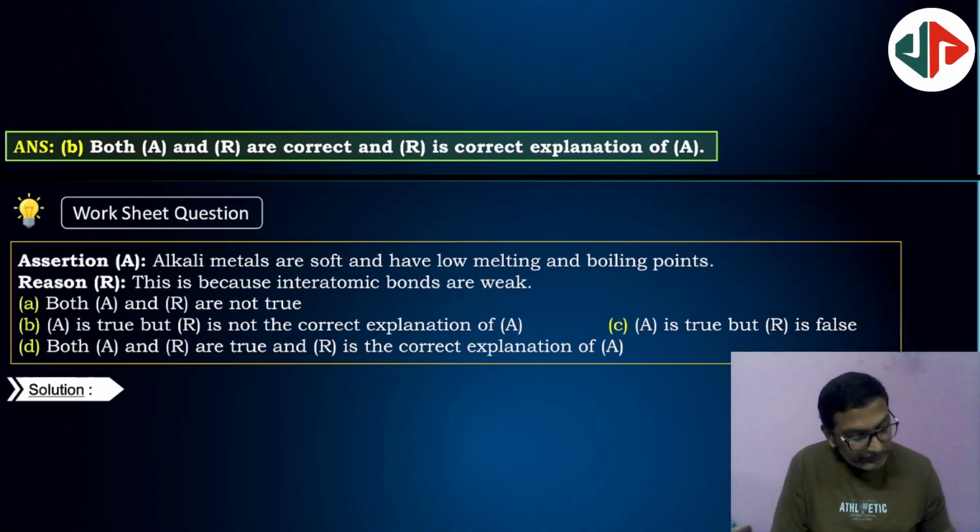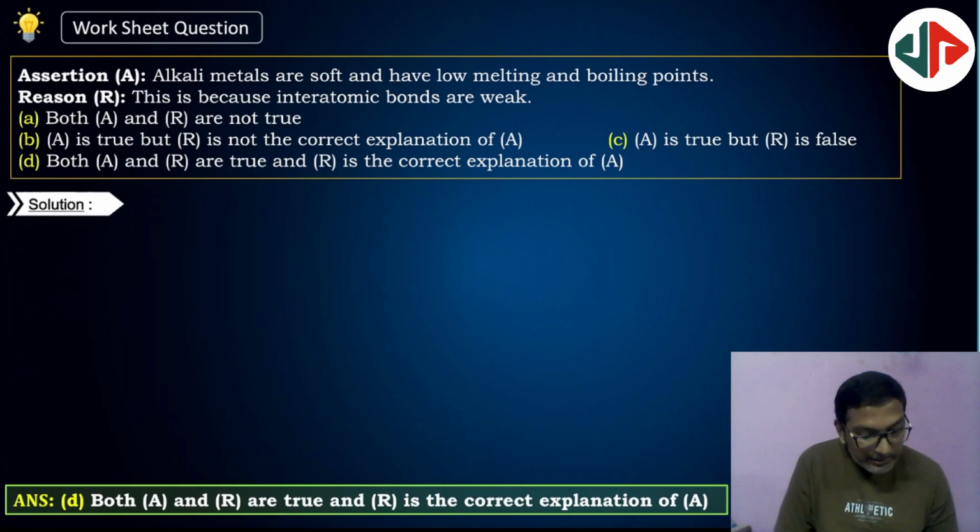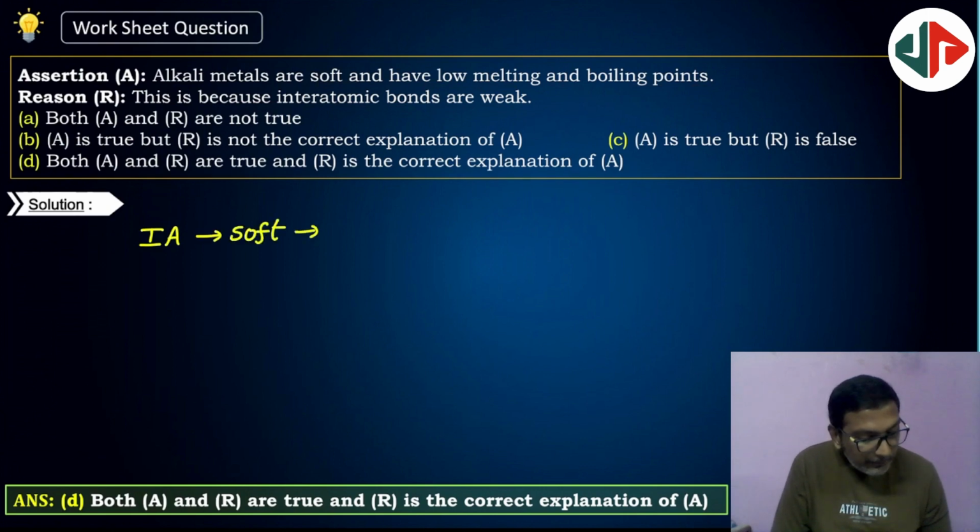Next. Alkali metals are soft and have low melting and boiling points. So interatomic bonds are weak. That means alkali metals, group 1A, are soft due to less metallic bond strength.